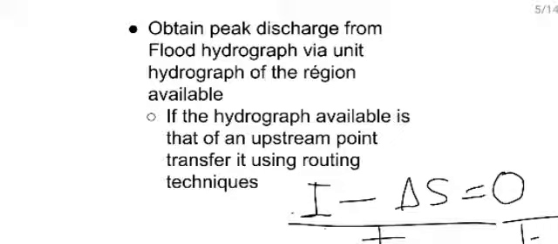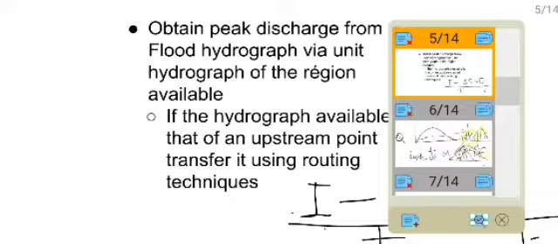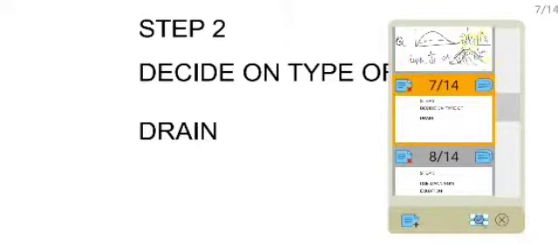I by T is in meter cube per second. So inflow minus outflow will give you the depression storage rate. Do that up to the point. This is the way we find the peak flow.